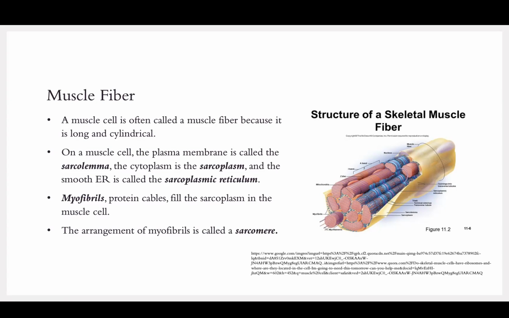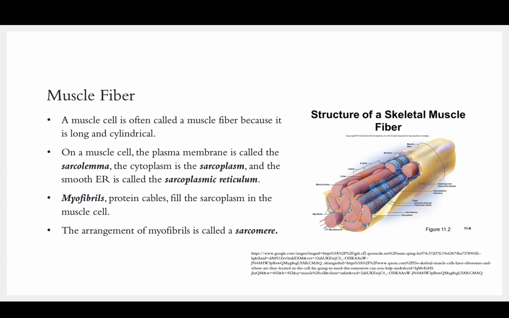On a muscle cell, the plasma membrane is called the sarcolemma, which is clearly labeled here in the yellow in the picture. The cytoplasm is called the sarcoplasm in a muscle fiber, and the smooth ER is called the sarcoplasmic reticulum, which on this picture is in blue.